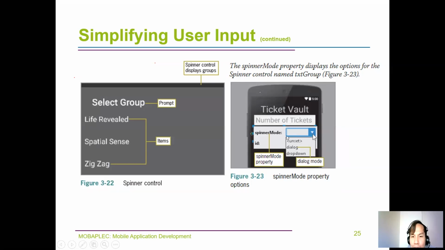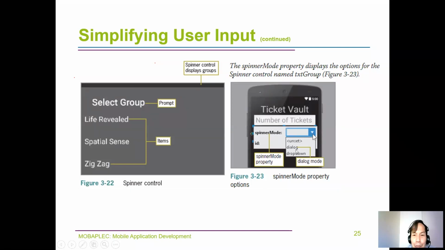Okay, so here you could see the spinner mode property, the ID, and this one is the selection in terms of the list. You could use a dialog mode or a drop-down mode, still depending on you as a developer or as a designer, since you're designing it.